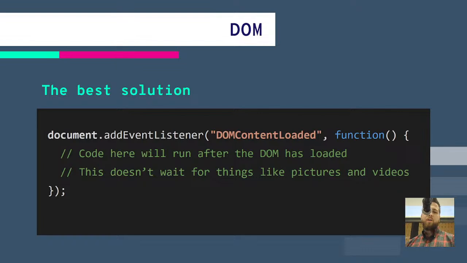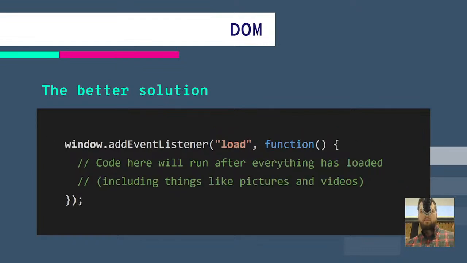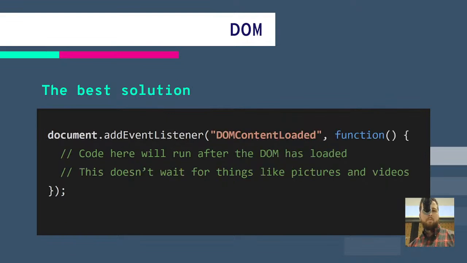So when we wait for the page to load, it is going to wait for everything to load. That means pictures, videos, all kinds of content. If it's a large website, it may take a long time for your JavaScript to be able to do anything because you're waiting for maybe a large video to load up. With DOMContentLoaded, it doesn't wait for those extra things.